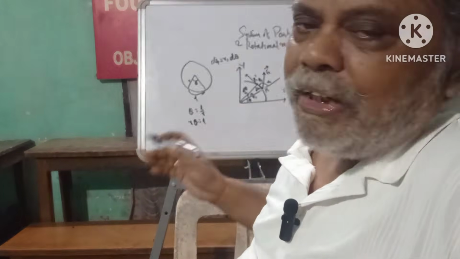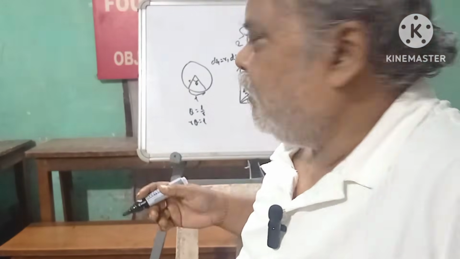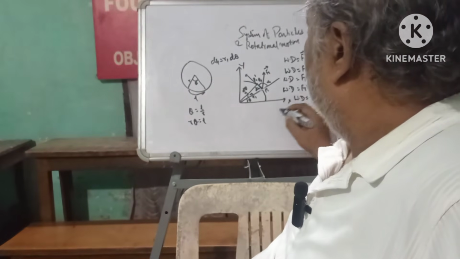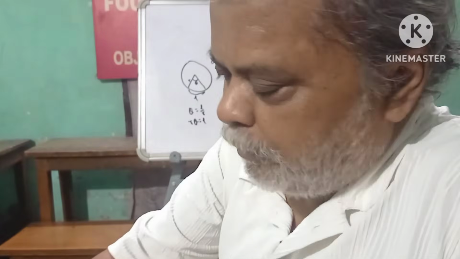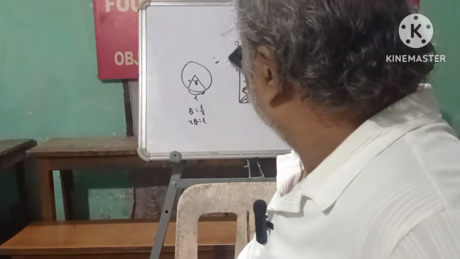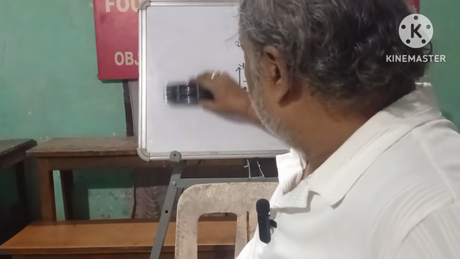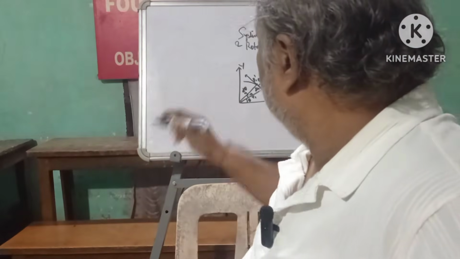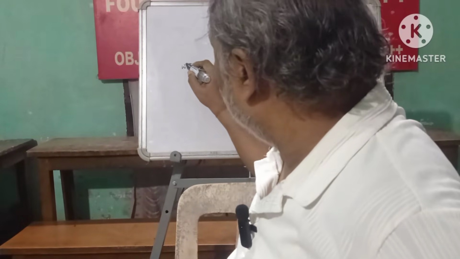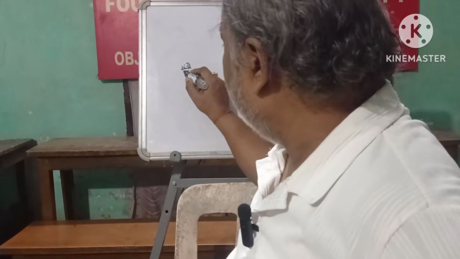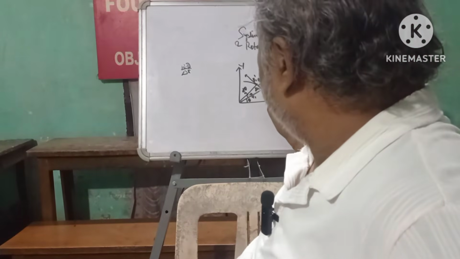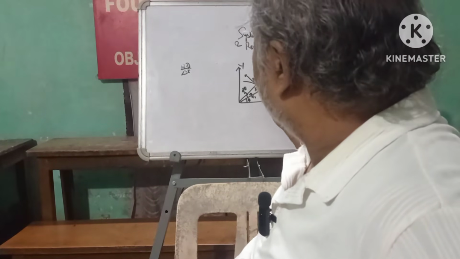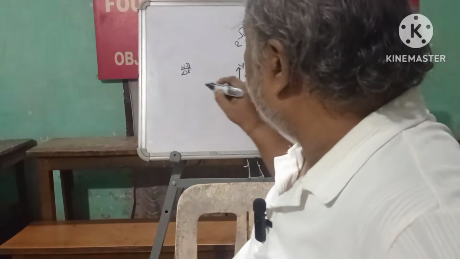Now you can easily make other formulas from here. You take dw, the work done, over delta t. From here to here, in time delta t, it has shifted from P1 to P1 dash.